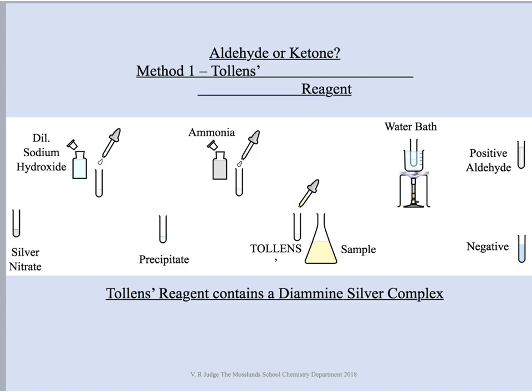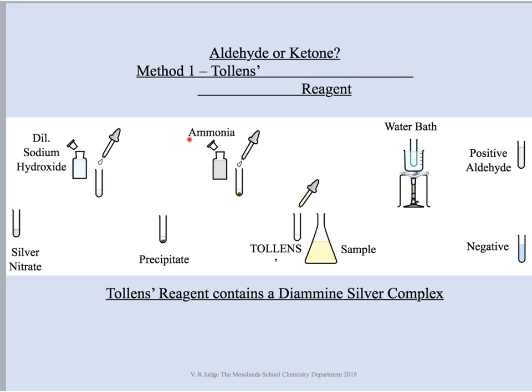So there are two methods I'm going to talk you through for distinguishing between aldehydes and ketones. The first one you should be familiar with is using Tollens' reagent. So you will have done this before in lesson. And to begin with, you have to make the Tollens' reagent up yourself. So you start by putting a small amount of silver nitrate into a test tube, a couple of centimetres cubed into there, and then you add a few drops of sodium hydroxide to your silver nitrate until you produce this brown precipitate.